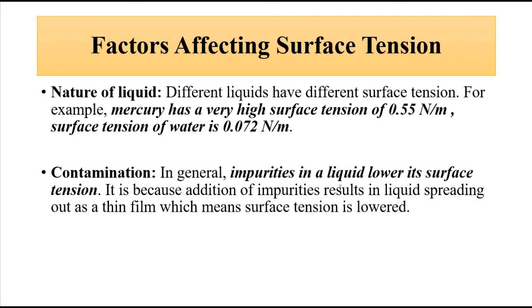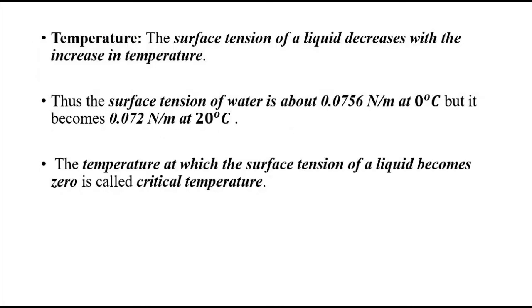Presence of impurities in a liquid decreases its surface tension. Then temperature. The surface tension decreases with increase in temperature. For example, for water, surface tension is 0.0756 Newton per meter at 0 degrees Celsius, and it is 0.072 Newton per meter at 20 degrees Celsius.